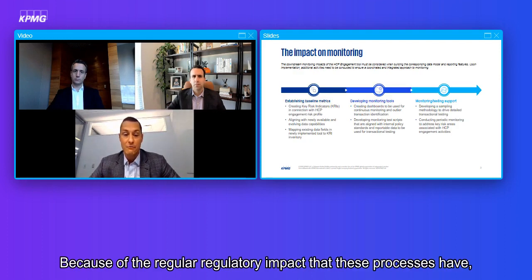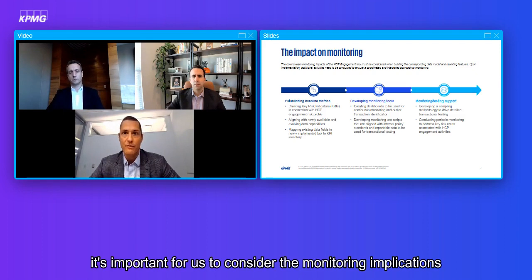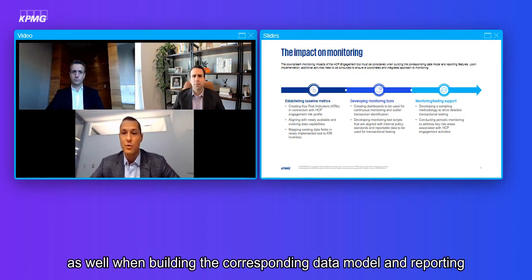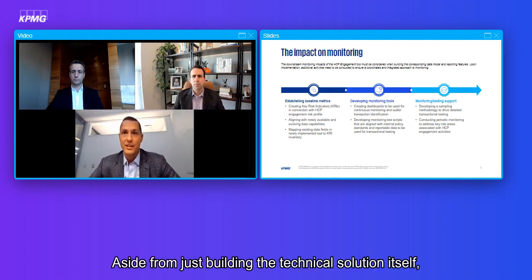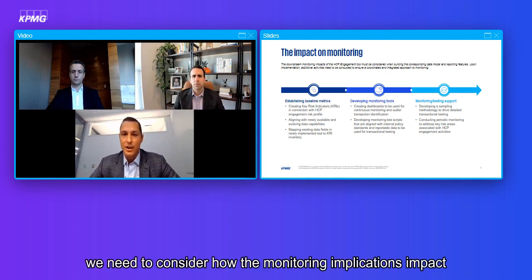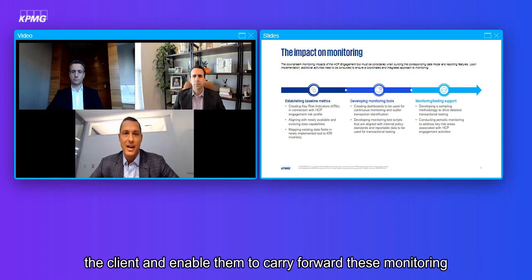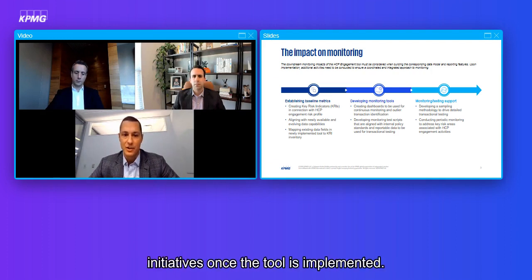Because of the regulatory impact that these processes have, it's important for us to consider the monitoring implications as well when building the corresponding data model and reporting features of the tool. Aside from just building the technical solution itself, we need to consider how the monitoring implications impact the client and enable them to carry forward these monitoring initiatives once the tool is implemented.